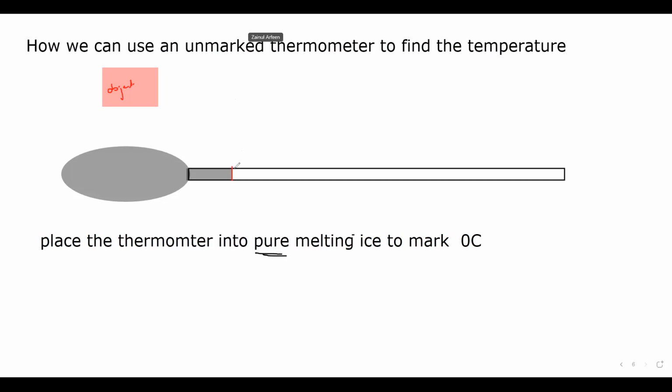So if the liquid level rises to this point, this is 0 degree. Is the first part clear? Because we want to find the temperature of an object using an unmarked thermometer, a thermometer which does not have any marking, we place it in pure melting ice and we mark 0.